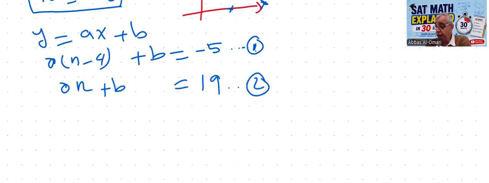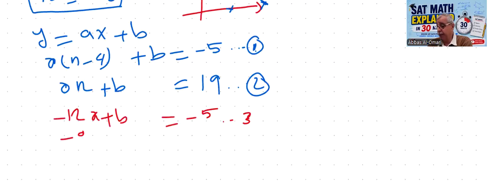This is equation 3. And for equation 2, n is minus 8, so minus 8a plus b equals 19. So this is equation 4.